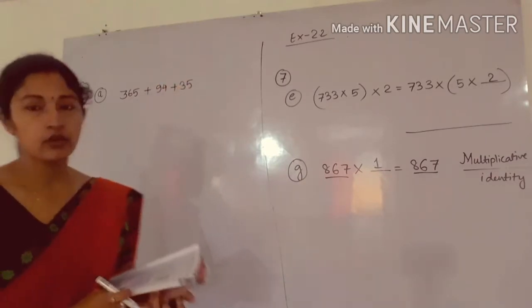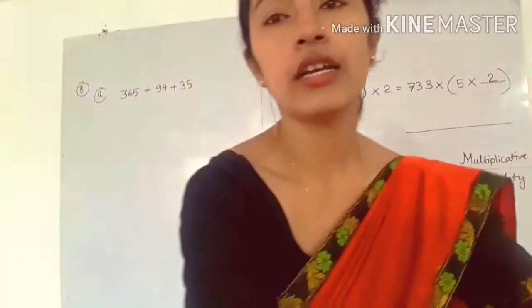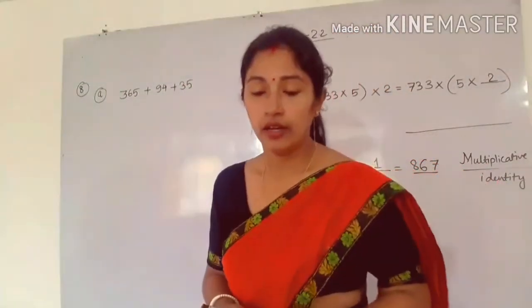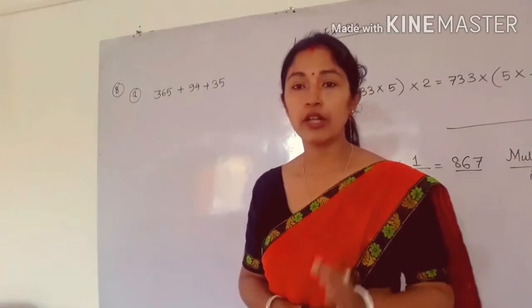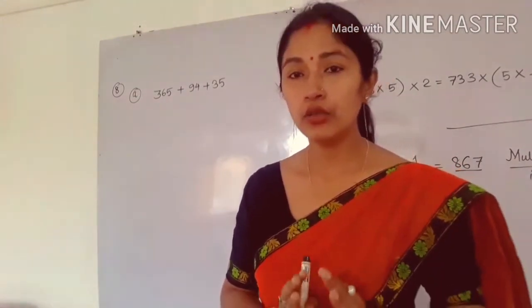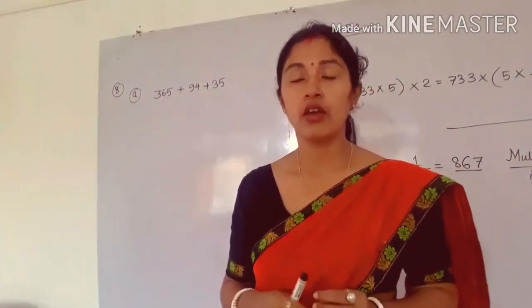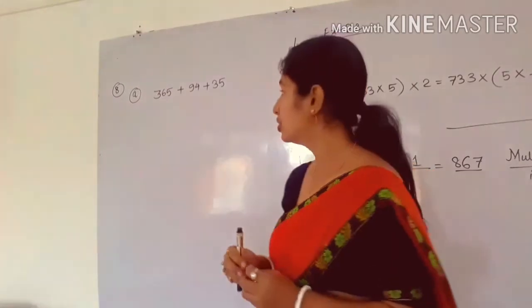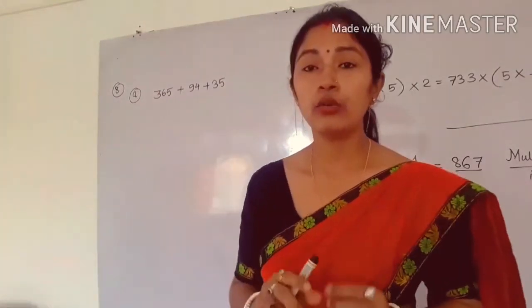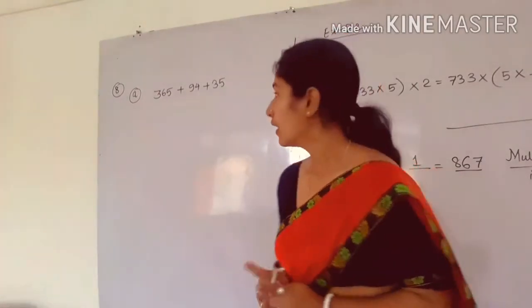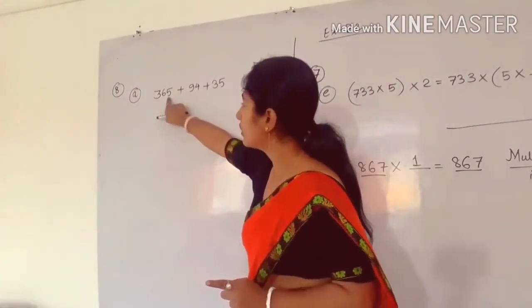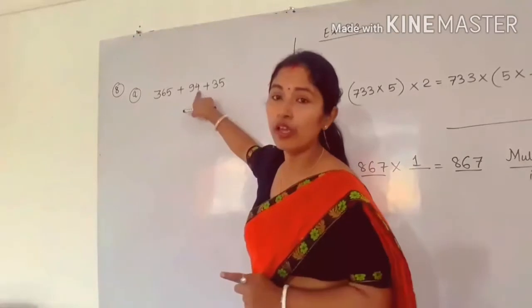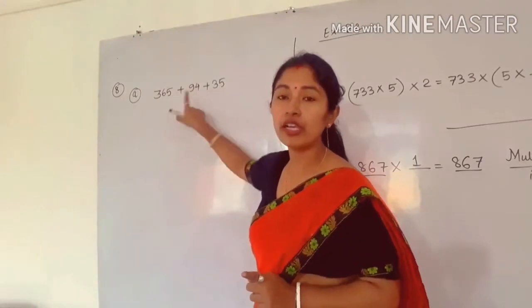I have already given you some suggestions on how to add numbers. Here you have to check the ones place. If you add two numbers and the ones place becomes 0, then you have to add those two numbers first. If you add 365 and 94, the ones place is 5 and 4, and 5 plus 4 gives 9.